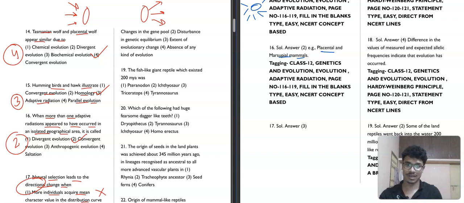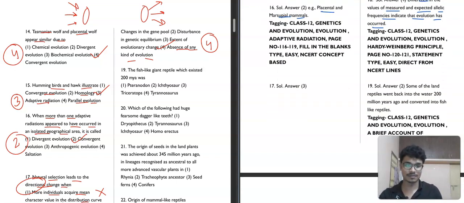No, it is not correct. Disturbance in genetic equilibrium, not correct. Evolutionary change is not correct. It is saying except. These are all included. So, absence of any kind of evolution is the correct answer. A difference in the values of measured and expected allelic frequency indicates that evolution has occurred. Absence of any kind of evolution is not correct, so the fourth option will be your correct answer.